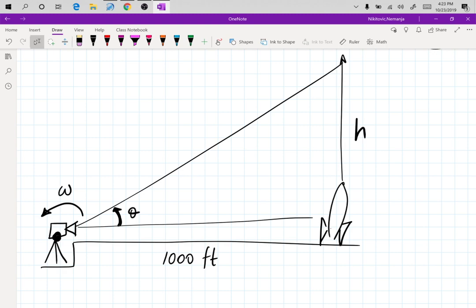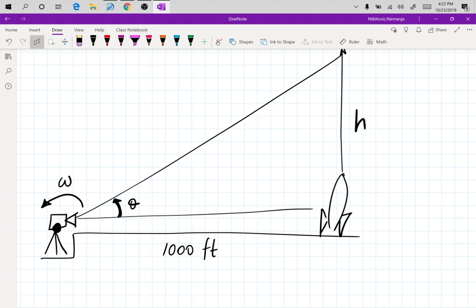Now, what formulas should I consider for this problem? Okay, so you are suggesting trig because there is an angle. Perfect. Which of the 3, sine, cosine, tangent, should I use? Tangent, very good. The values that are given to me are opposite, adjacent, and an angle, and that's tangent.